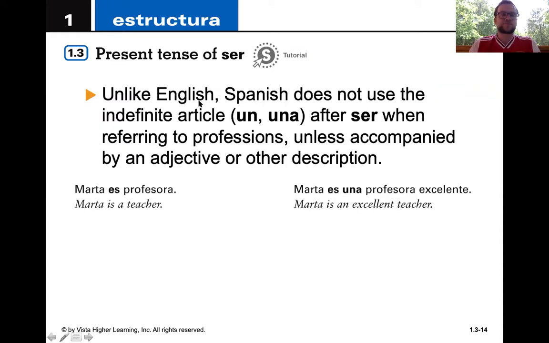Muy bien. Now, unlike English, Spanish does not use the indefinite article after ser when talking about professions, unless you're accompanying it with an adjective or another description, right? So, Marta es profesora. Yo soy profesor. Tú eres estudiante. But if we're talking about a quality of that person, Marta es una profesora excelente.